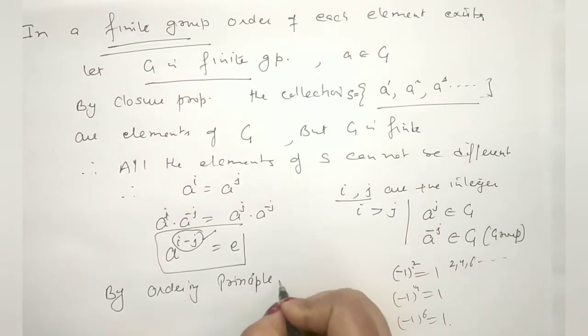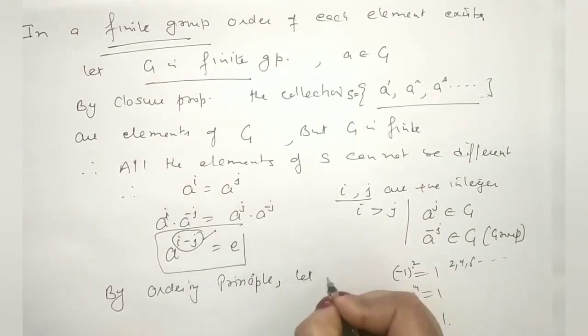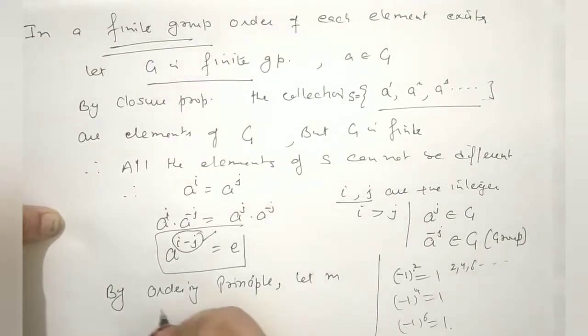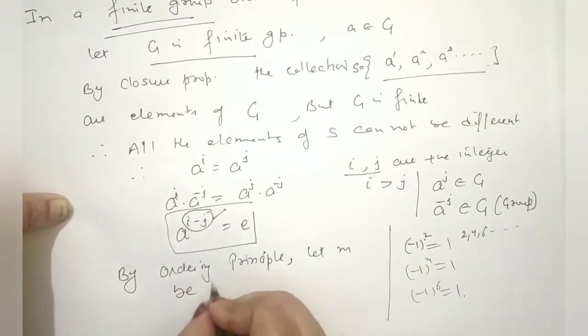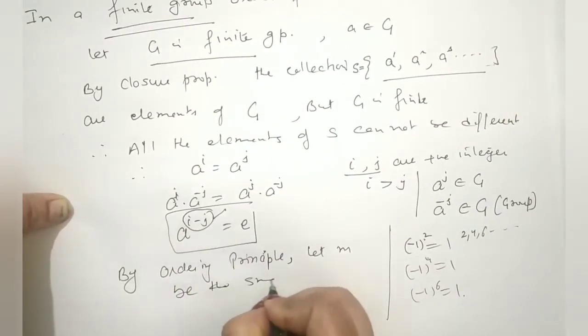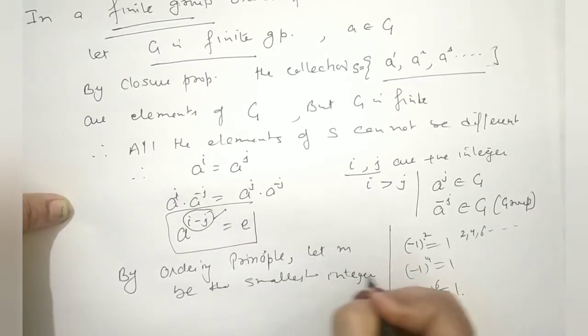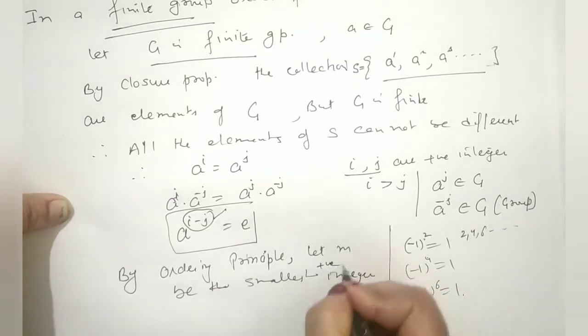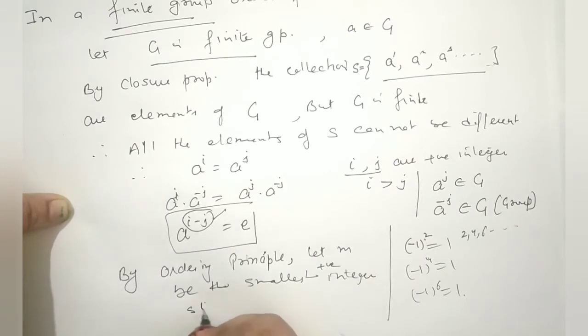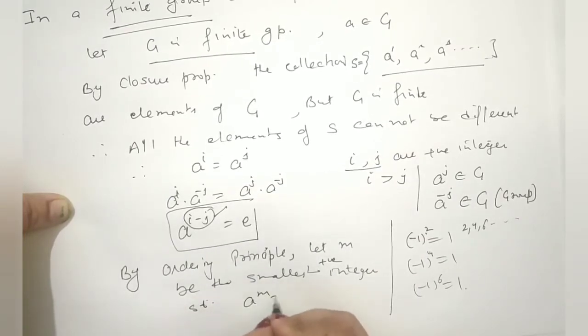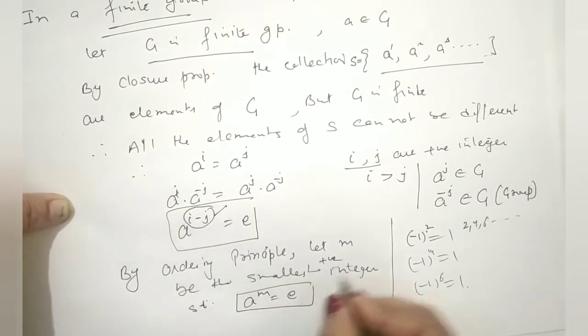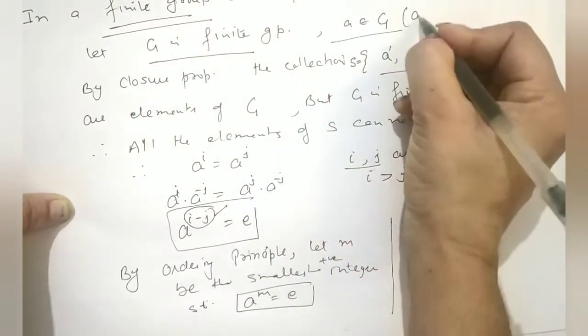So by the ordering principle, let m be the smallest positive integer such that a raised to power m is e. What is a? a is any arbitrary element.